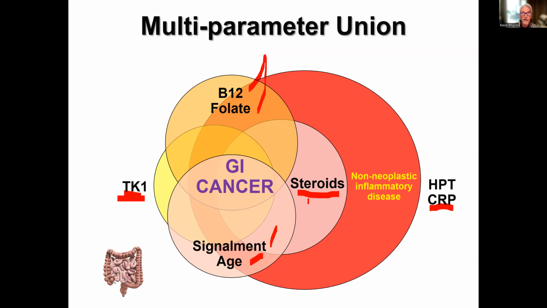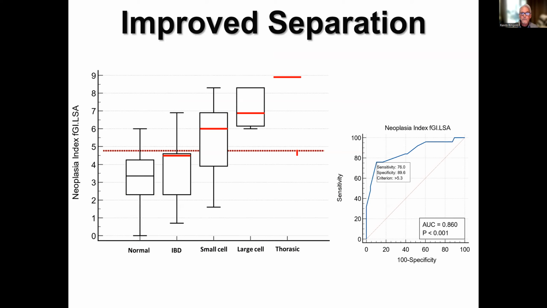We do modify that in the neoplasia index, which is the integration of everything. But always, and I tell everybody this all the time, if you can, please send us an untreated sample versus one that's been subjected to steroids. That would be best.